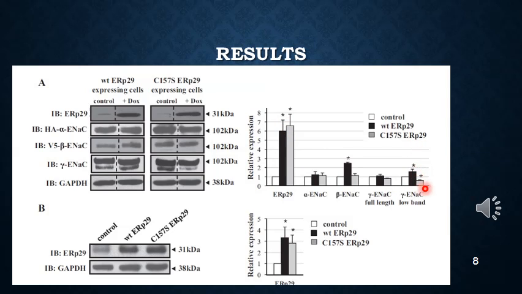However, the overexpression of C157S ERP29 reduced expression by 40% in the gamma ENaC low band and left expression in the other domains pretty similar. So a negative effect in the last column right there. And figure 1B showed the same results as figure 1A, but the experiment was performed in a different way with the use of a plasmid which encoded for wild-type ERP29 and C157S. And it showed the conclusion again.